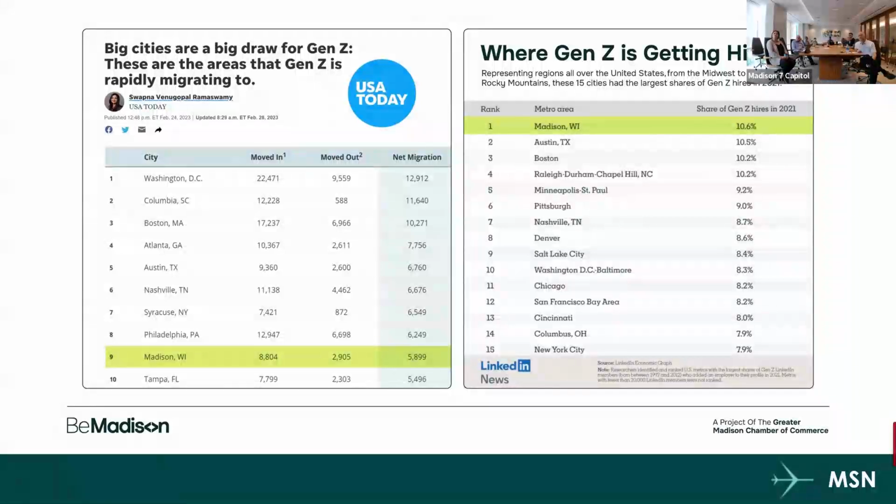We compete with cities such as Austin, Boston, Pittsburgh, Nashville. All those cities, we're up there with them. And airlines like to see that too, because there's growth in those cities as well.